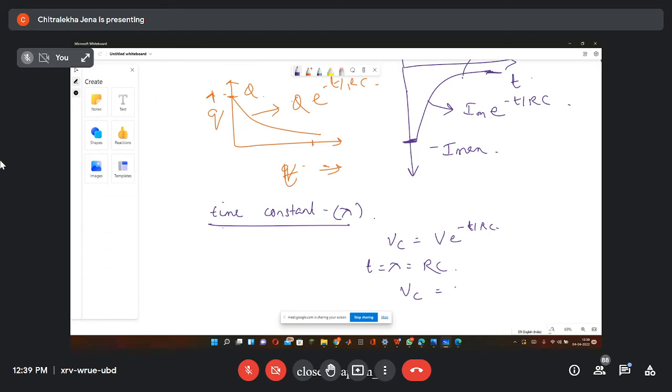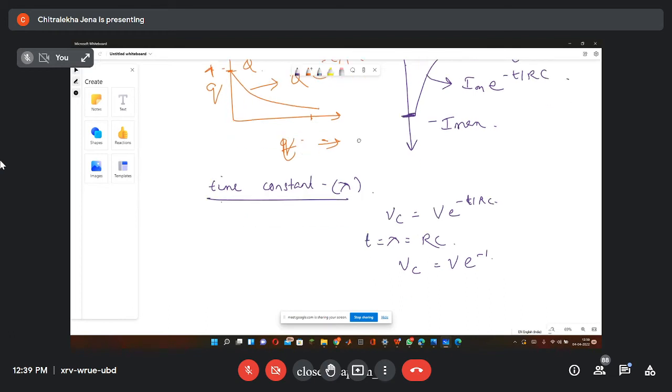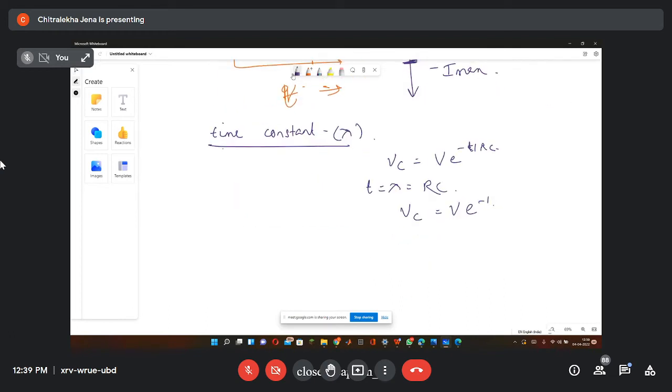V e to the power minus 1. E to the power minus 1, last class how much you have taken? That is 0.37. So this is equal to 0.37 capital V. So now how do you define the time constant for the discharging?